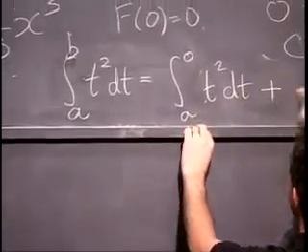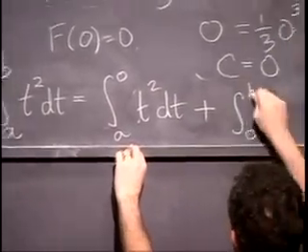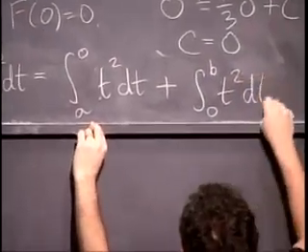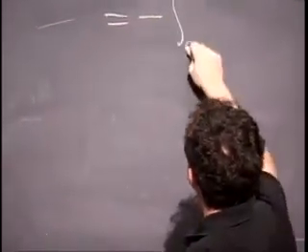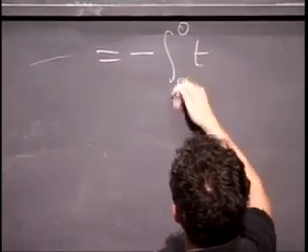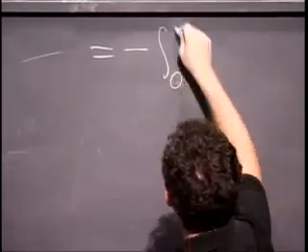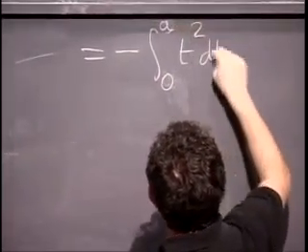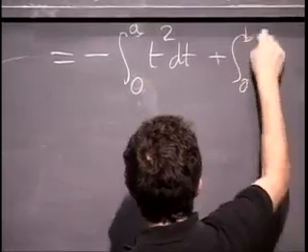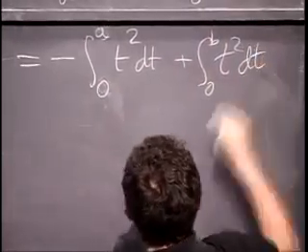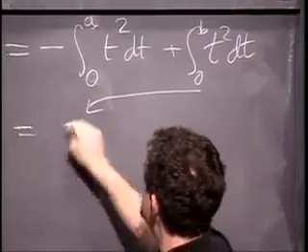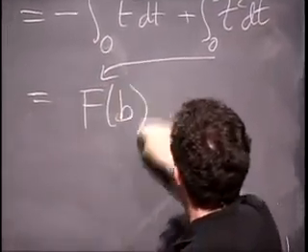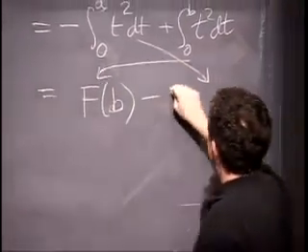We looked at splitting up earlier. And then you can go from 0 to b. And of course, that is really the negative, so I'm going to flip this around: from 0 to a and 0 to b. And of course, this is f of b, and this is f of a.